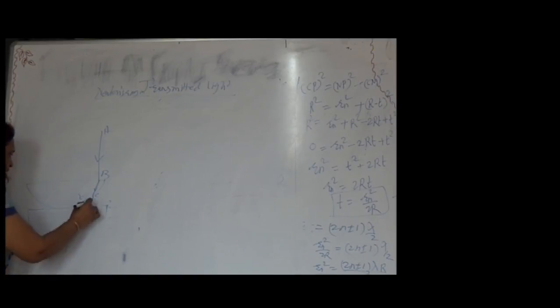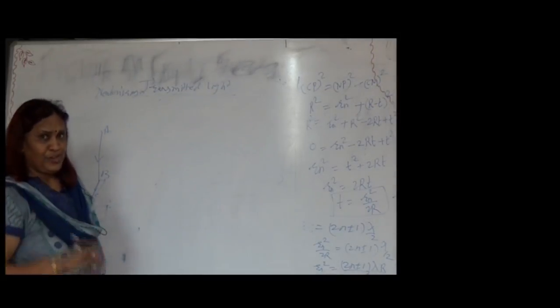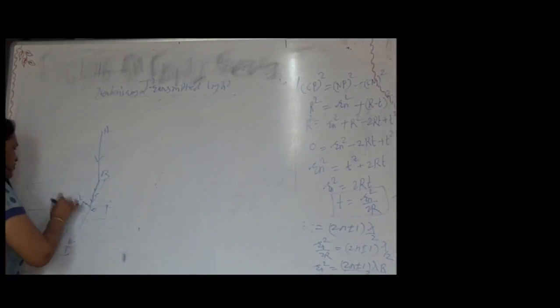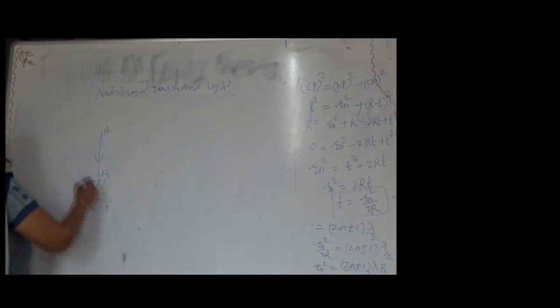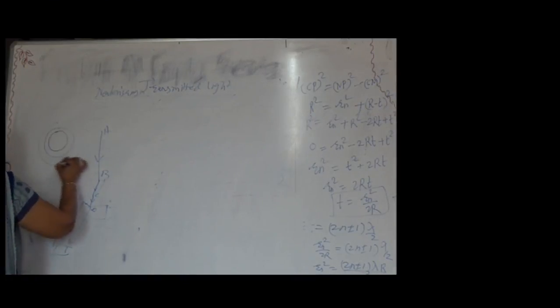So, DT and ET1 are the two transmitted rays, and these two transmitted rays superpose on each other, and we get the interference pattern around the point of contact. In the transmitted light pattern, the center spot is a bright one.